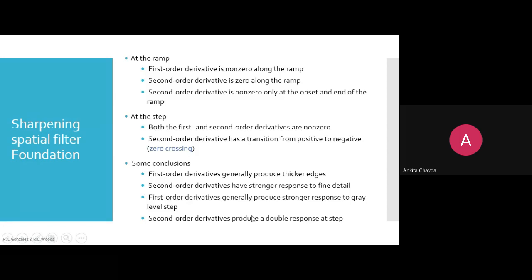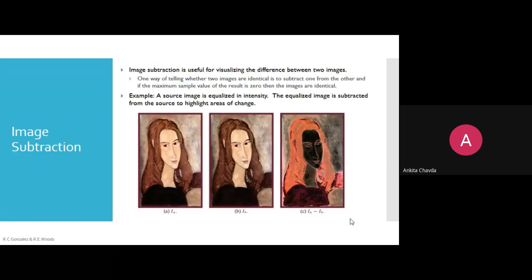But the second order derivative produced a double response at the step, plus 5 minus 5 at the step, right? So that is the double response at this step. This is what was the observation. Though it is just for the theory, we are not applying this differentiation into MATLAB. Okay, we are not going to use it.